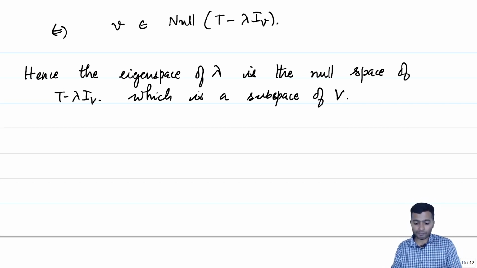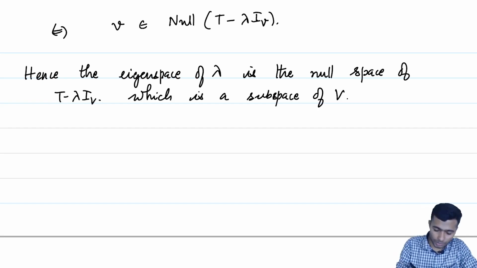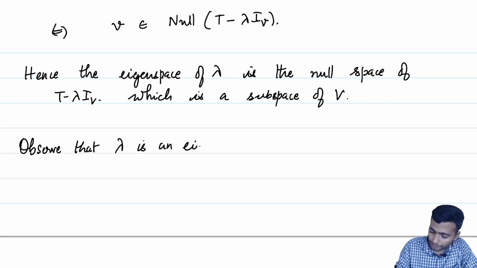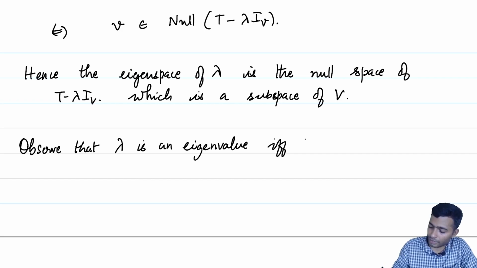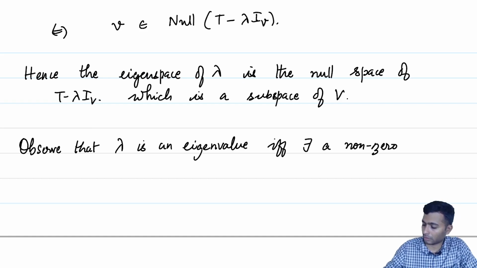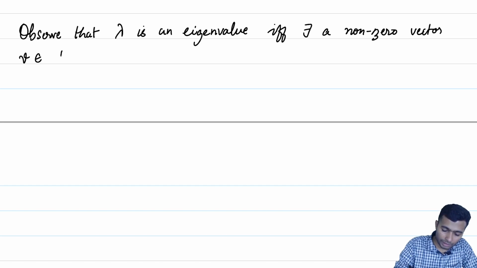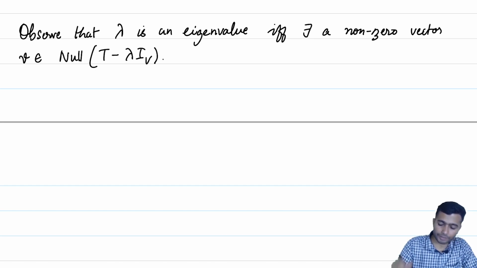So, lambda is an eigenvalue if there is at least one non-zero vector in the null space of T minus lambda IV, right. So, also observe that lambda is an eigenvalue if and only if there exists a non-zero vector V in the null space of T minus lambda times IV.